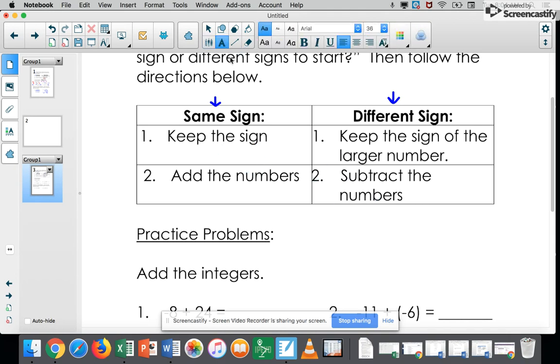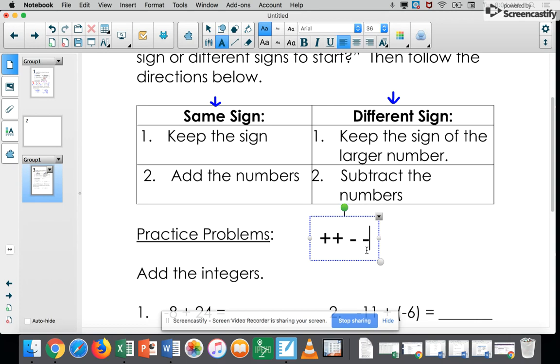Adding integers is very similar to when you were in science class and you had protons and electrons. You found out that if I have two protons and two electrons, they cancel each other out and I've got nothing left.